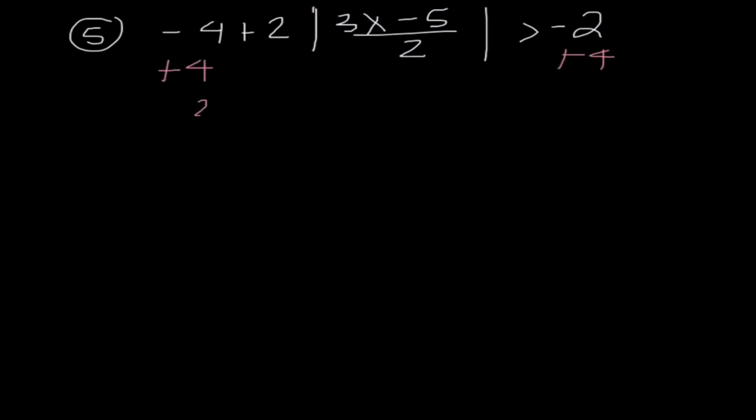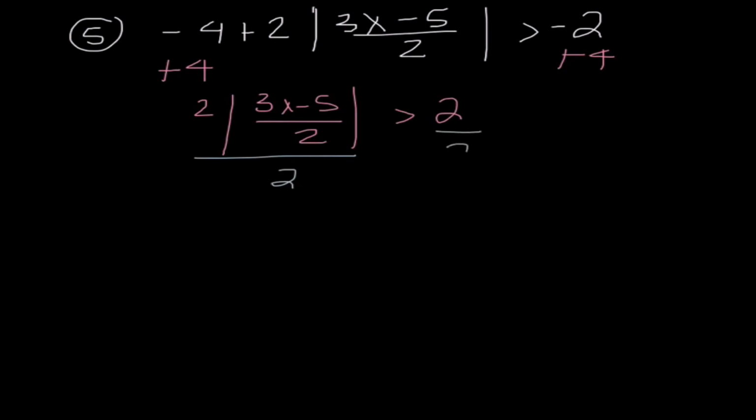So I get 2 times the absolute value of 3x minus 5 over 2 is greater than 2. My final step here, I'm going to divide both sides by 2. So I have the absolute value of 3x minus 5 over 2 is greater than 1.